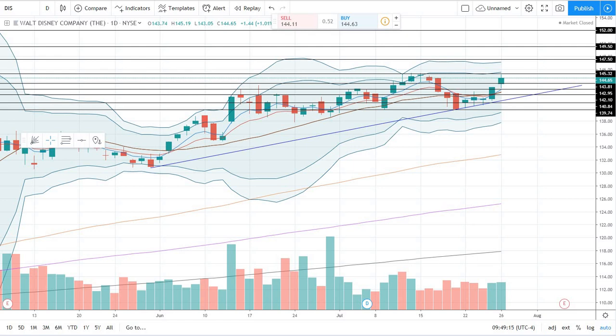Again, if you buy the back test to this trend line, if it goes there, you would just drop your levels down. So you'd use 140, just under 142, just under 141, and then just under 140. You just have to adjust all that, and then we're going to go over our profit targets next. For this one, it's blue skies, so I just picked psychological levels.